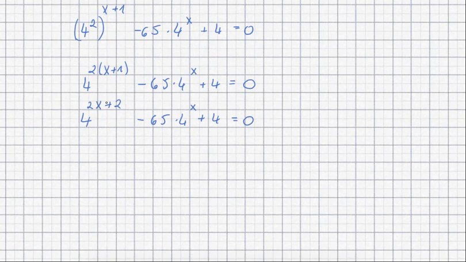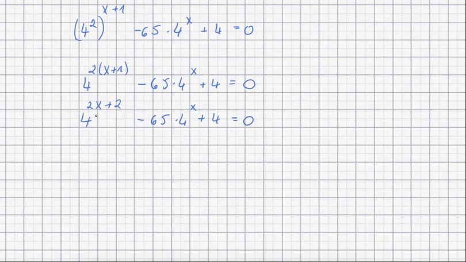Can I add the 4 and the 4, 2x plus 2 and the 4x together? Like the 4 with 2x plus 2, can I add the x from the next 4?